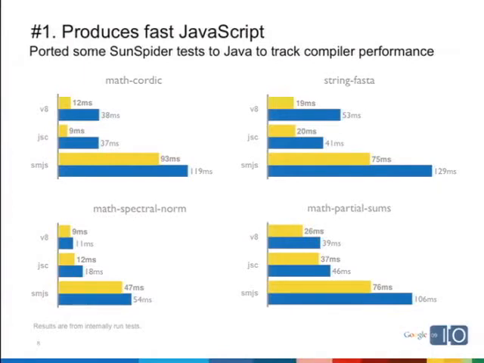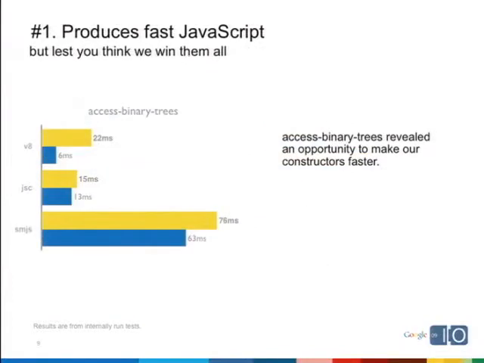GWT is in yellow. The bar in blue is the handwritten JavaScript taken directly out of the test and then run through an obfuscator, just to compare apples to apples. And you see we do quite well. However, we don't win them all. The access binary trees benchmark revealed an opportunity, which is the whole reason we're doing the benchmarks in general.